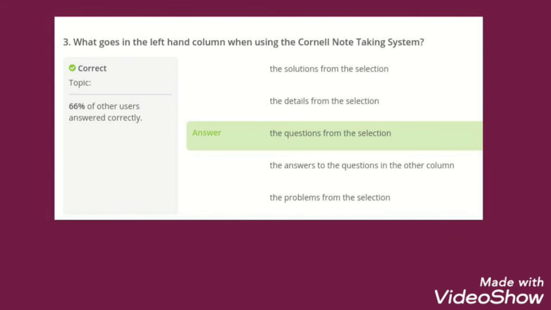Now, you may not know anything about the Cornell note-taking system. I didn't know there was a note-taking system. The only thing I know about Cornell is that it's an Ivy League school. Only the smartest of the smartest kids get to go there, unless your family went there. Say your dad went to Cornell, he is Cornell alumni.